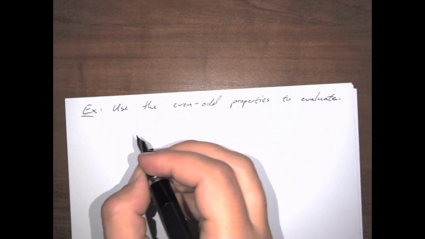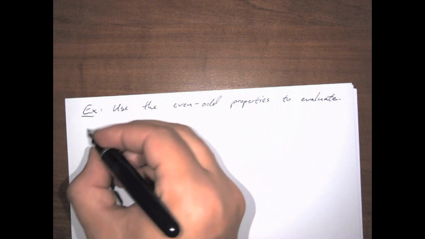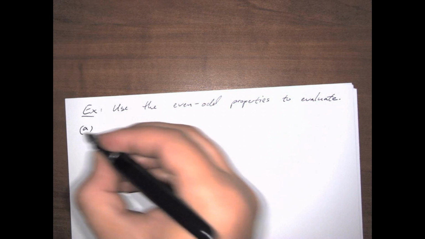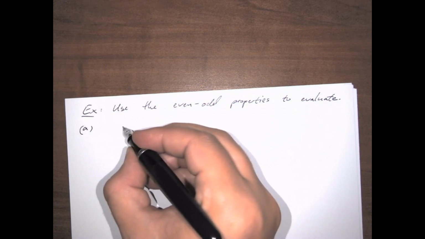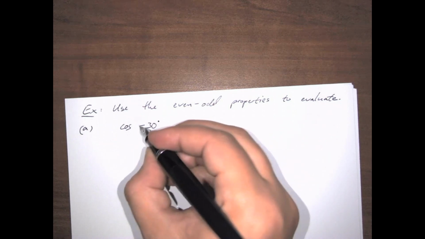So as an example here, let's just say we wanted to do something like this. So maybe cosine of negative 30 degrees.